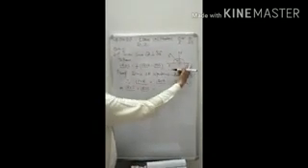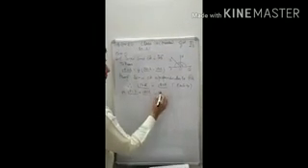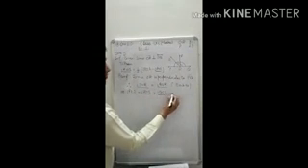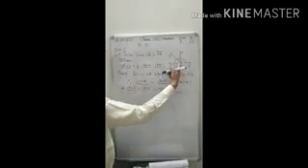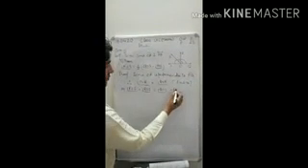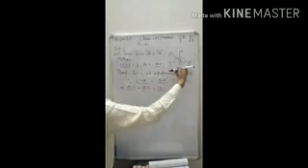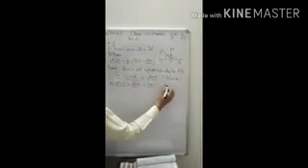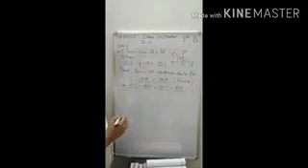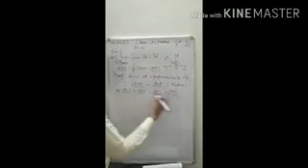This QOR can be written as angle QOS minus angle ROS. Now here you see ROS is there, and here is also ROS.